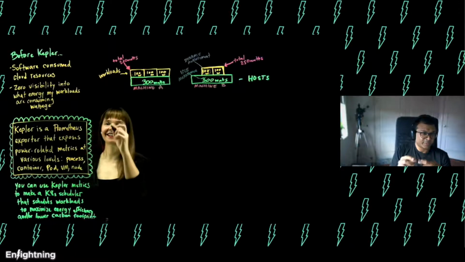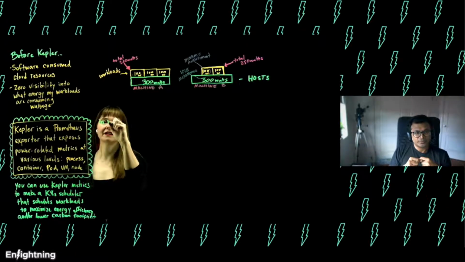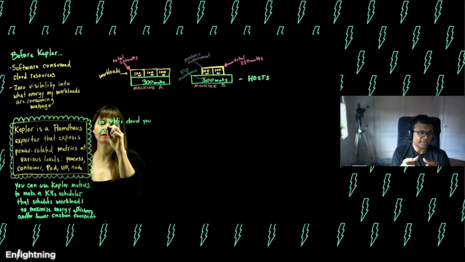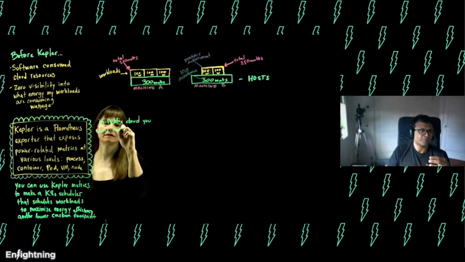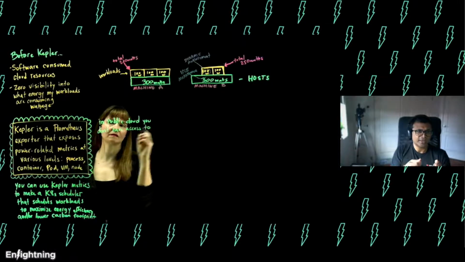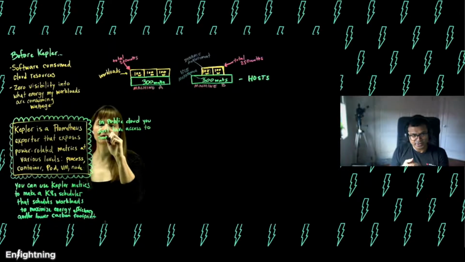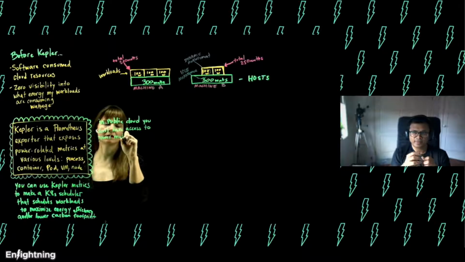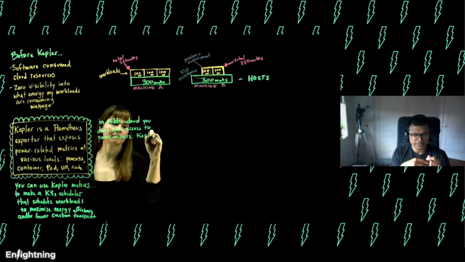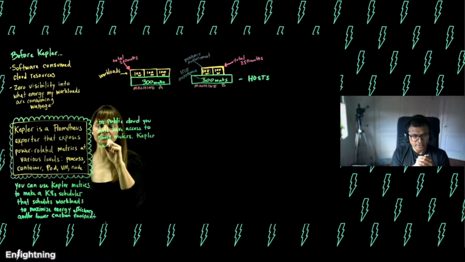So that's not exposed. What Kepler provides is a machine learning model that tries to closely mimic what the underlying power meter would produce given the CPU usage. So we're building models that mimic the power curve of a CPU.